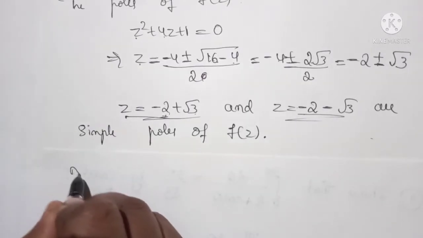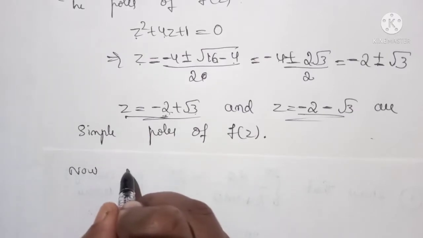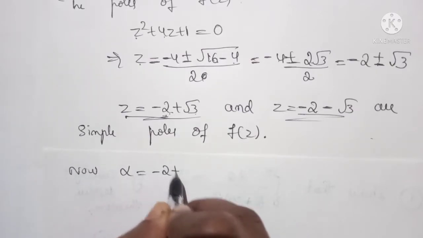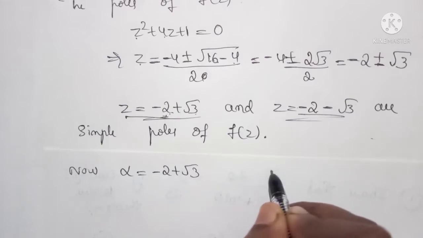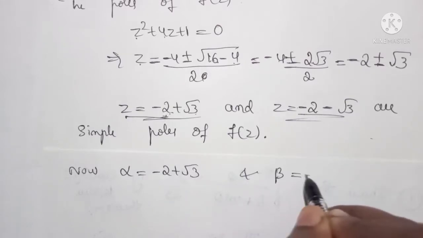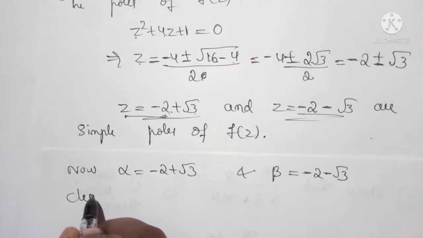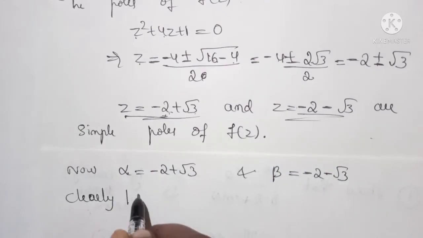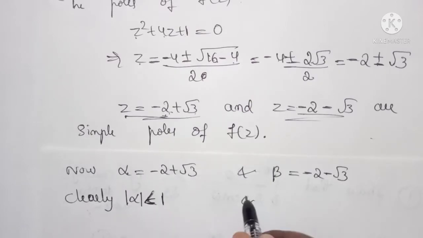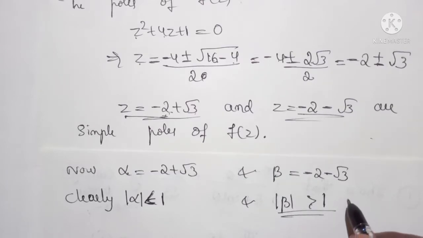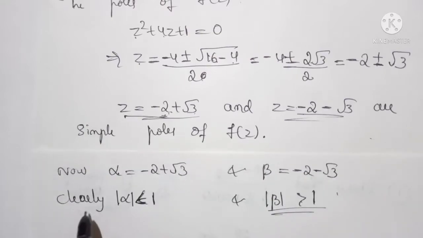Now let this pole be alpha equals minus 2 plus root 3 and this one be beta equals minus 2 minus root 3. Clearly, mod of alpha is less than 1 and mod of beta is greater than 1. So beta lies outside the circle.